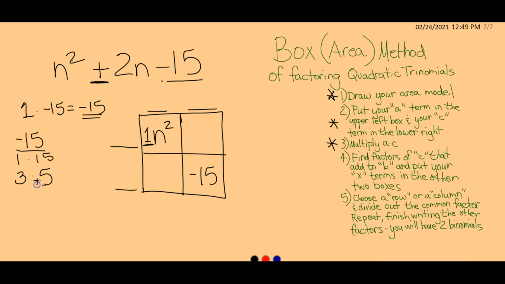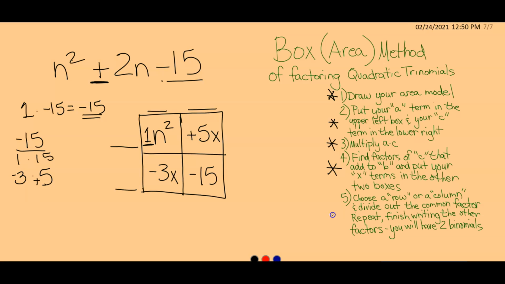So that means I know that this term has to be positive 5x, and this term has to be negative 3x. And it doesn't matter where I write this term.